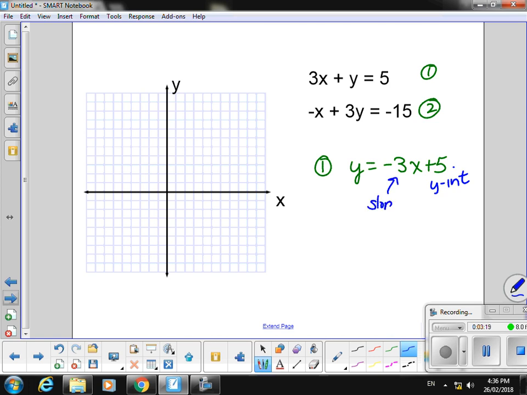So my slope technically is -3 over 1, so I'm going to go down 3 over 1 when I draw it. So line number 1 is going to start at a y-intercept of 5. It's going to go down 3 over 1, down 3 over 1, and I have my line.